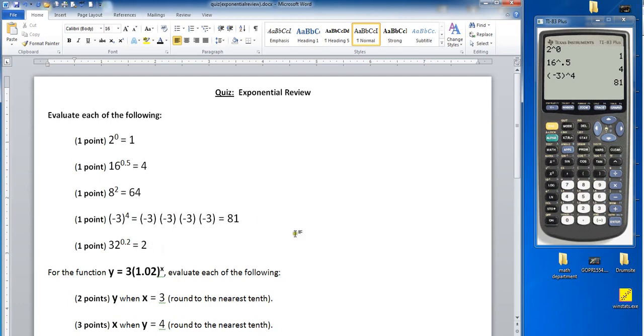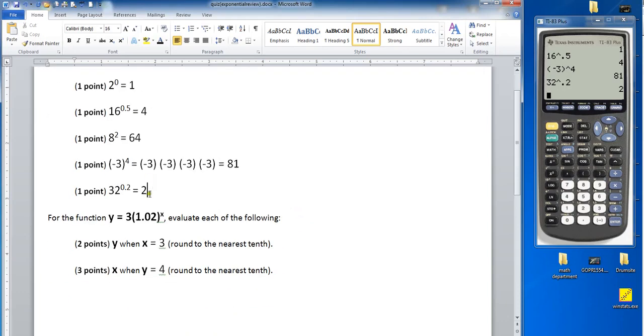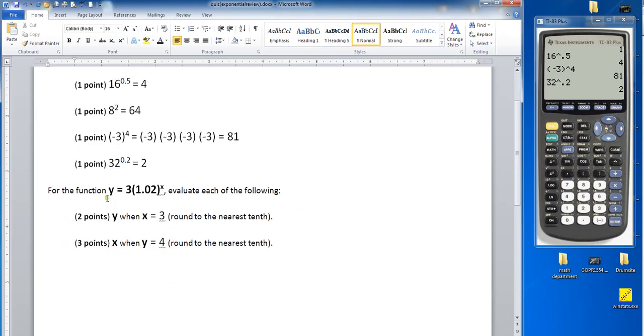Now, I picked a nice one to make it equal to 2. So if you do 32 to the 0.2, you end up with your number of 2 right there. And again, this question was kind of, did you see fractional exponents in your previous classes? If not, you might not have done this quiz. But even if not, you could have used your TI to do that.